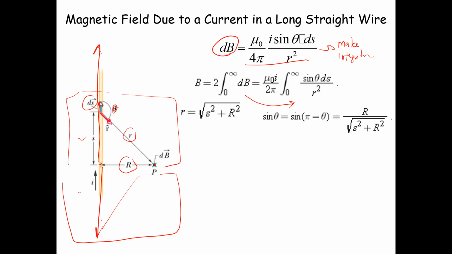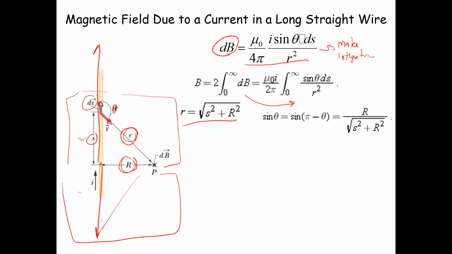And then we see that the small r here is s squared plus big R squared. This is the small s squared, and this is the big R squared. So we can get these equations. And then sin theta, this is the theta.